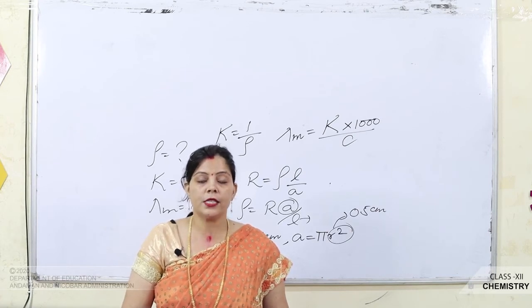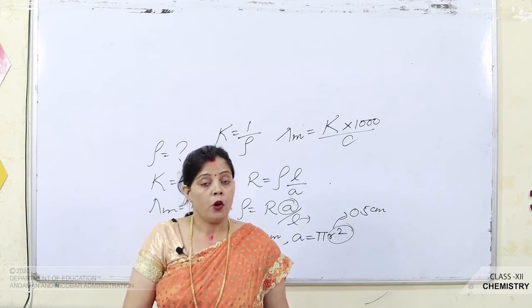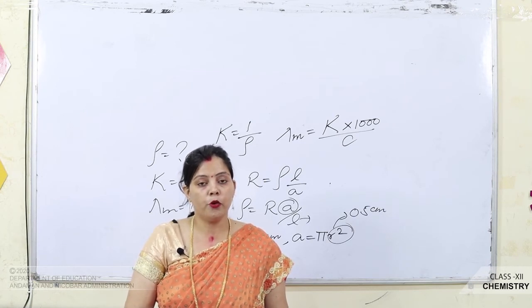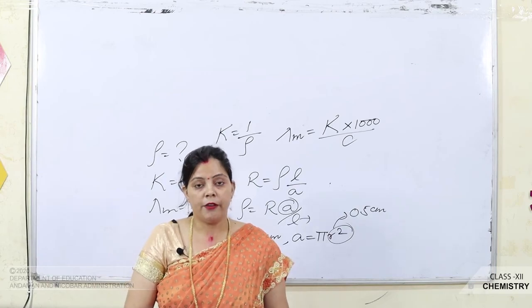So today we discussed the relation between the molar conductivity, concentration, and also solved some problems. So children, try to practice more and more numerical problems at home, and be safe and keep learning.